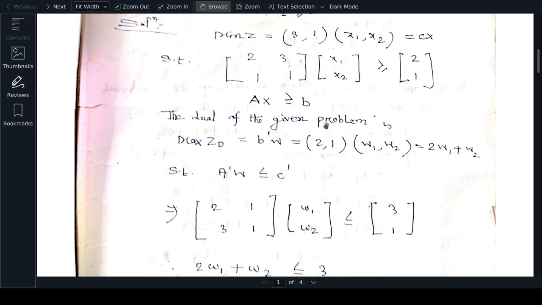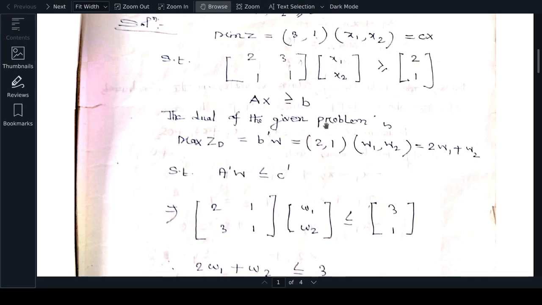You can write directly max z. Equal to b dash w. In the given problem x1 and x2 are the variables. When we write the dual, the variables change, we write w1 and w2, or you can write any variable name.